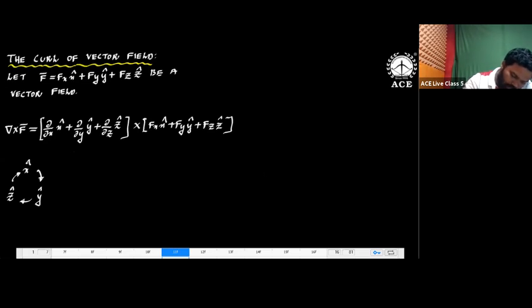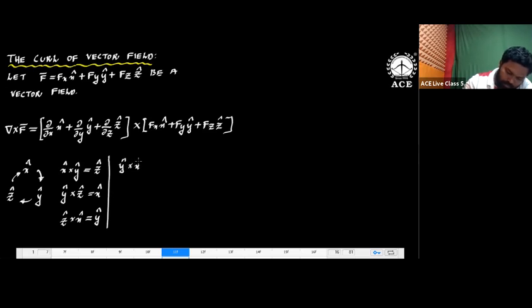X cross y is z cap. Y cross z is x cap. Z cross x is y cap. If I do the reverse, I'll get minus. Y cross x is minus z cap.